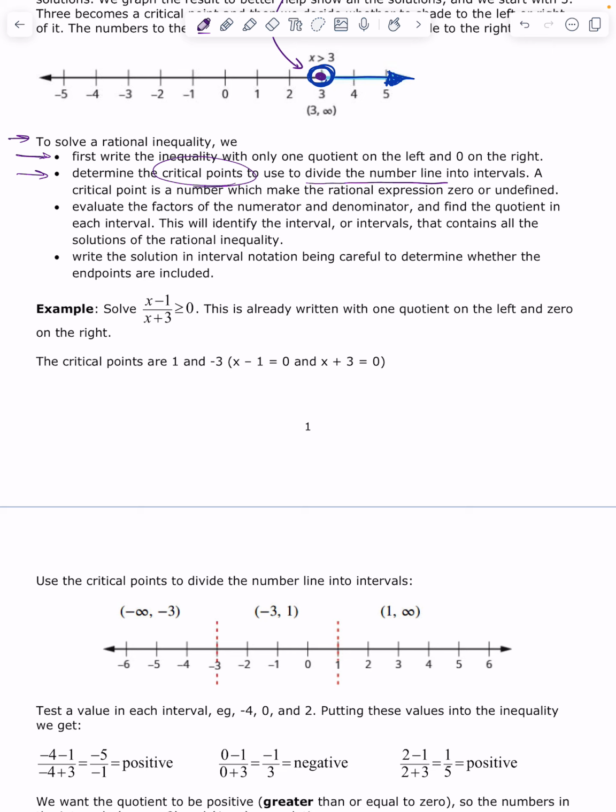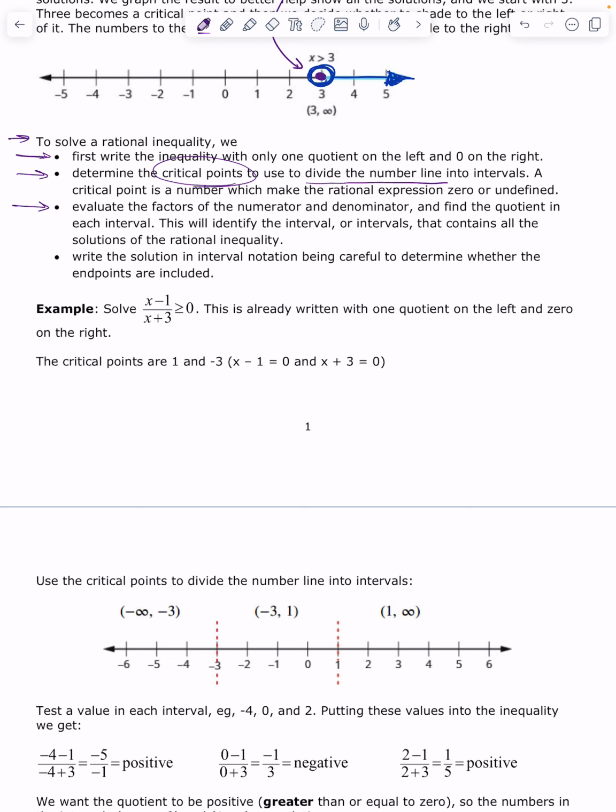Because if it's undefined, we probably have an asymptote right there, which means our rational function could look different on one side than the other. Could have positive y's on one side, negative on the other. Could be positive on both sides. We don't know. We'll check that. Okay.